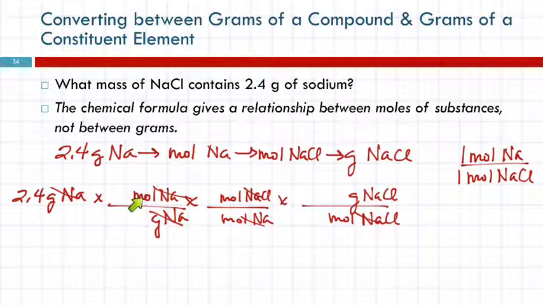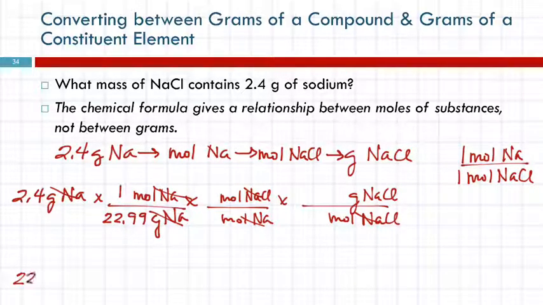Grams to moles, molar mass. The numbers come from the periodic table. If it's an element, you just pull it off and write it down. What's the number under the symbol for sodium? 22.99. Yeah, if you round it to 4 sig figs, it's 22.99. 1 mole of sodium weighs 22.99 grams. Over here at the end, we've got a compound, and so we're going to have to calculate that.